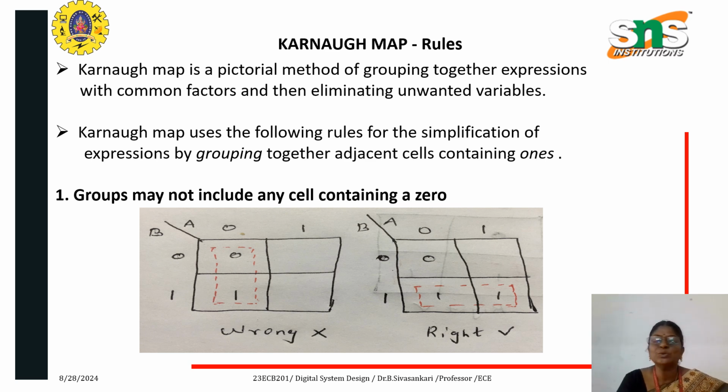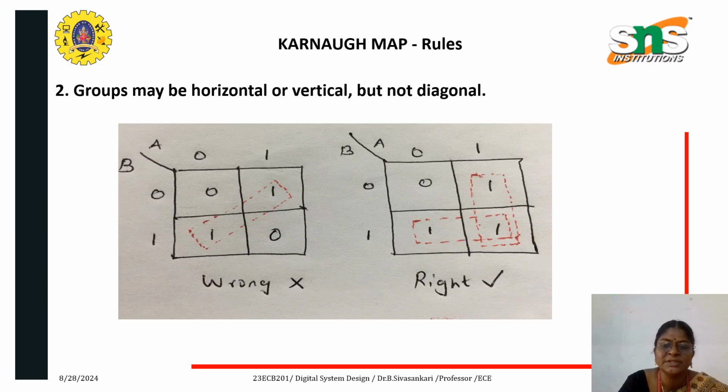First, groups may not include any cell containing a zero. Here, a 0 and 1 cannot be grouped. Only ones can be grouped, and that too if they are adjacent to each other. So the left side is wrong and the right side is right, where two ones are adjacent to each other.